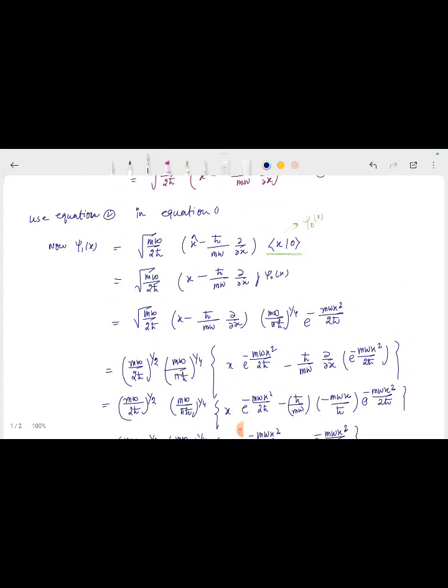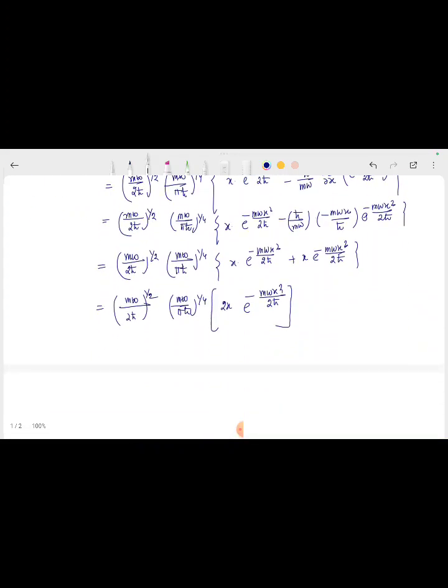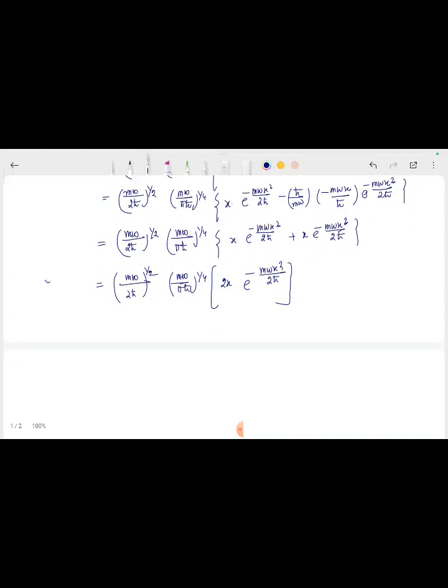So finally we get the first excited state wave function.